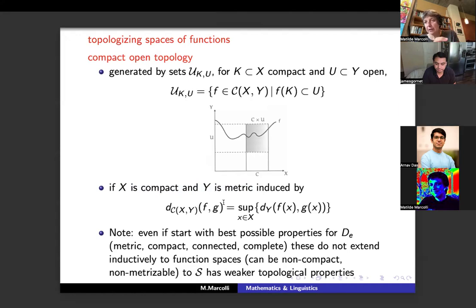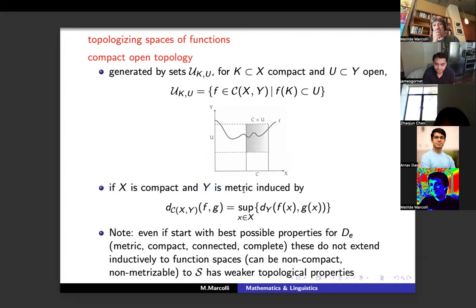So the first thing that you lose in this inductive construction is going to be compactness properties. But it's clear that you're doing an inductive construction. At the first step, even if the source is compact and the target is metric, you keep metric and you lose compact. But at the next step, you have lost compact, so you can also lose the metric property, because you will not have this anymore.